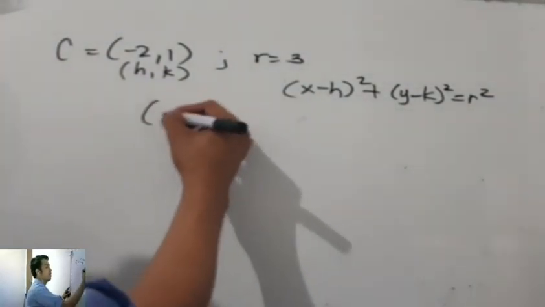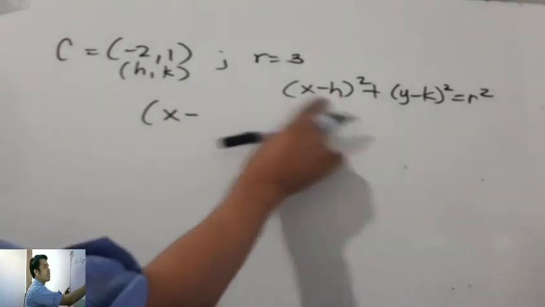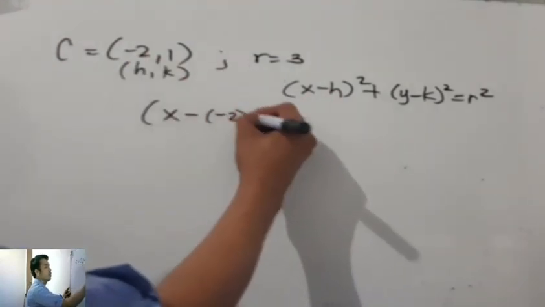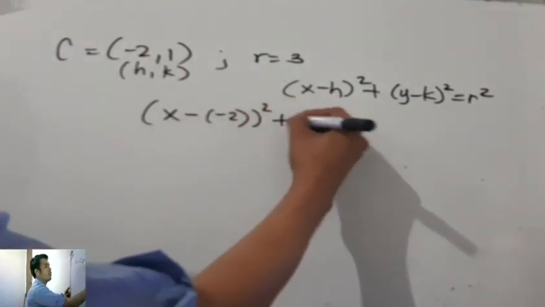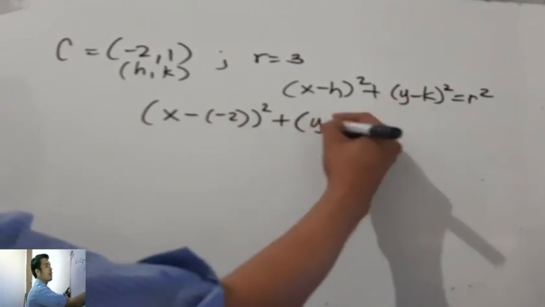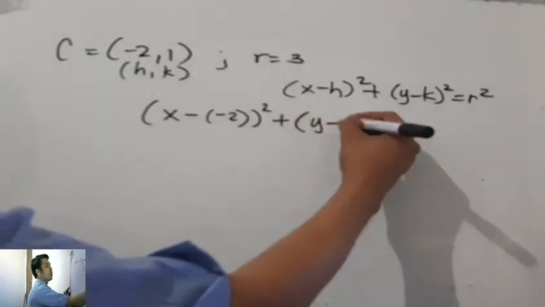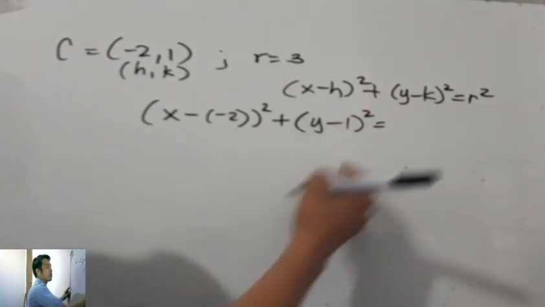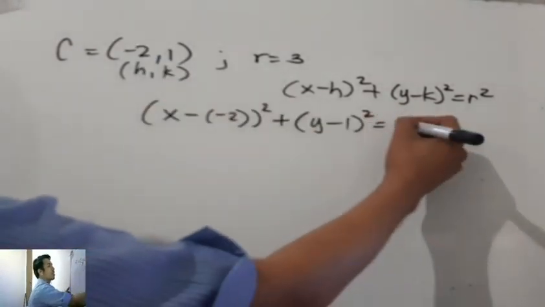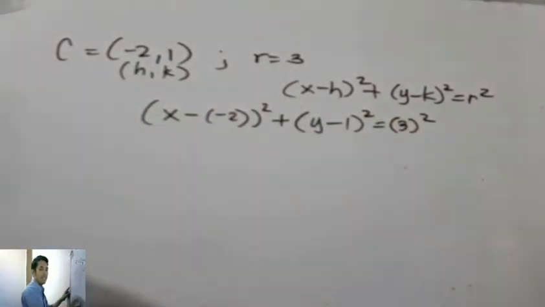We have the quantity of x minus h, which is -2, squared, plus y minus our k, which is 1, squared is equal to r, which is 3, squared. And then simplify.